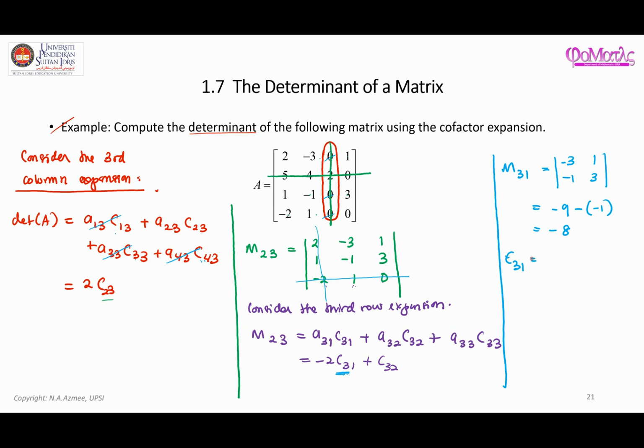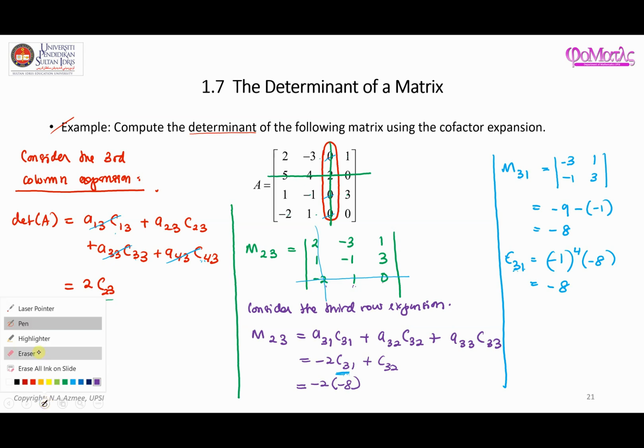C31 is negative 1 to the power of 3 plus 1, which is 4, and the result just plugs in next to it, so it is positive times negative 8, so the answer is negative 8. Then you go back to this part: negative 2 times negative 8. Just plug in the result right there.